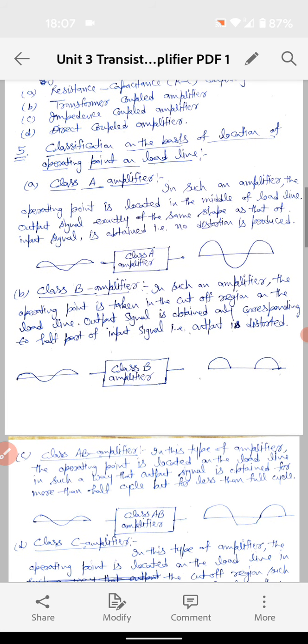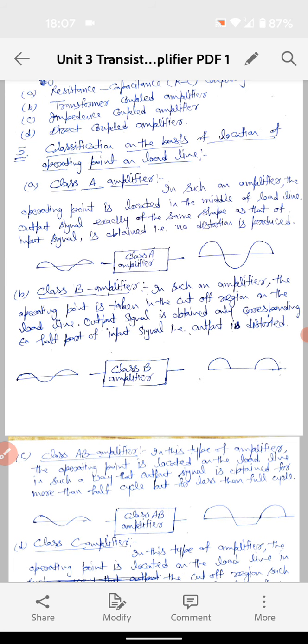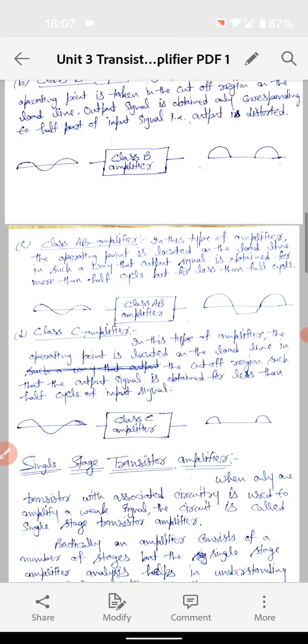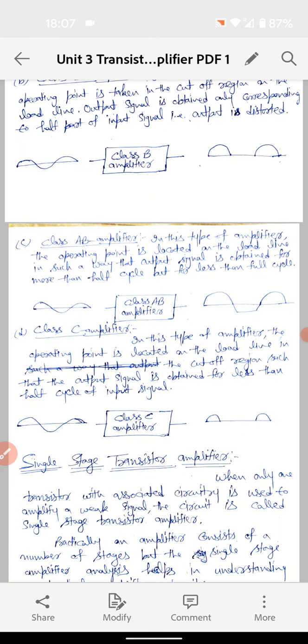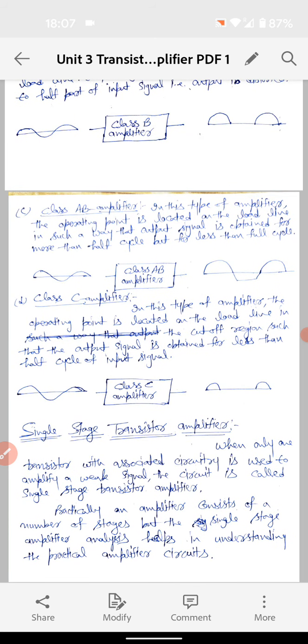This sort of amplifier which gives this sort of output is known as the class B amplifier. Another class is the class AB amplifier. In this type of amplifier, the operating point is located on the load line in such a way that the output signal is obtained for more than half cycle, but for less than a full cycle. In that case the output will look like this.